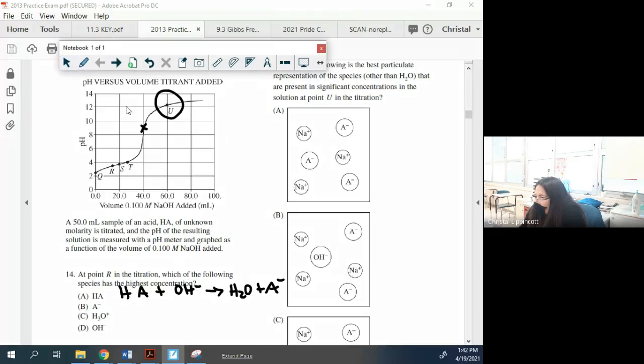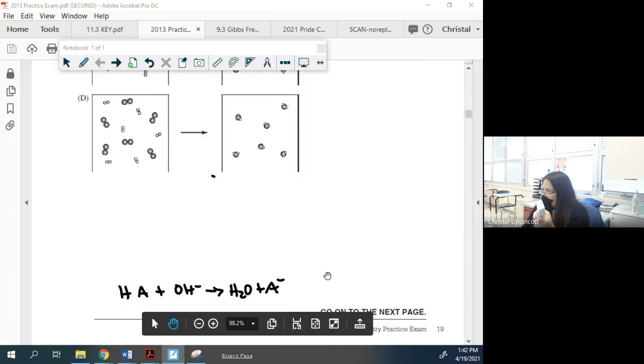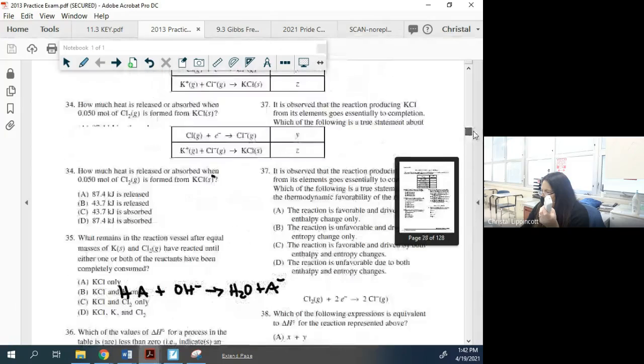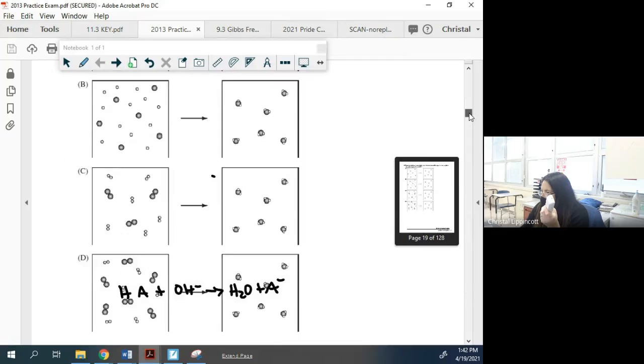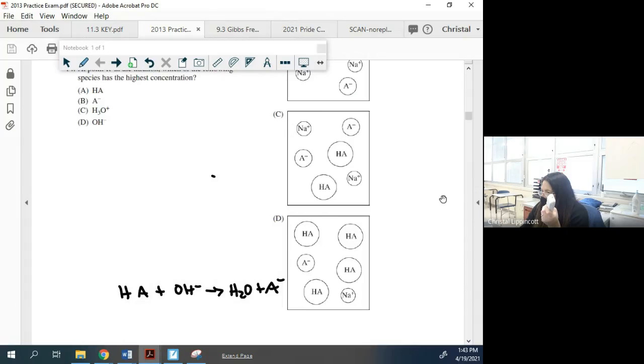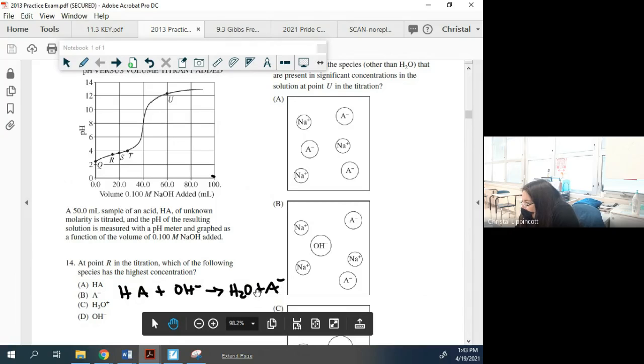I need to get rid of some of this stuff on the screen. All right, so if I am at U, what is going to be present according to this equation?